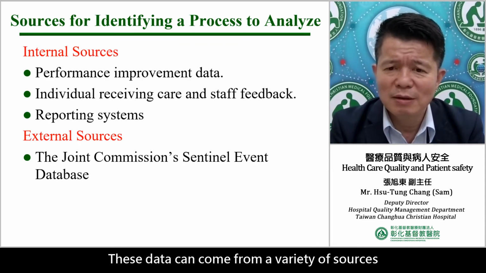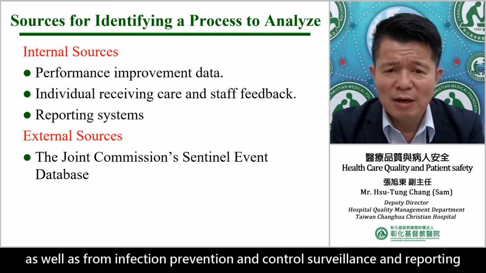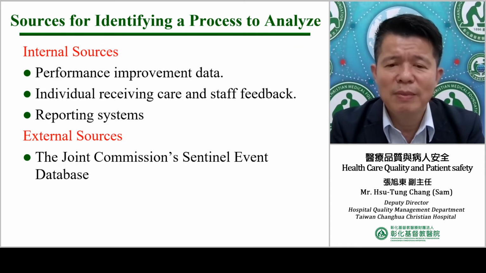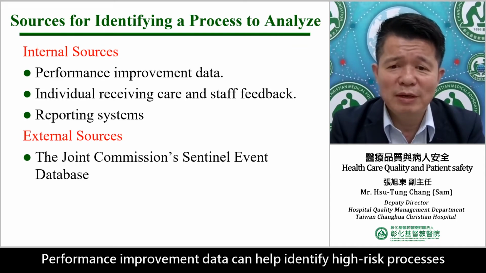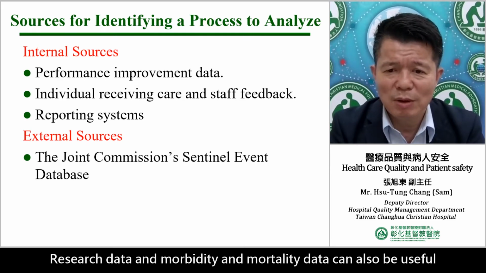This data can come from a variety of sources, including risk management, utilization management, and quality control activities, as well as from infection prevention and control surveillance and reporting. Performance improvement data can help identify high-risk processes. Research data and morbidity and mortality data can also be used.